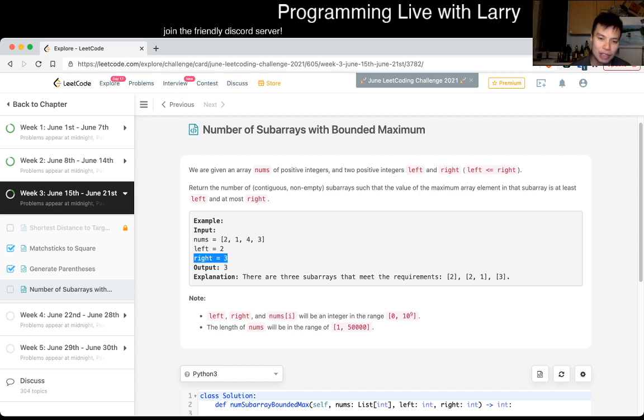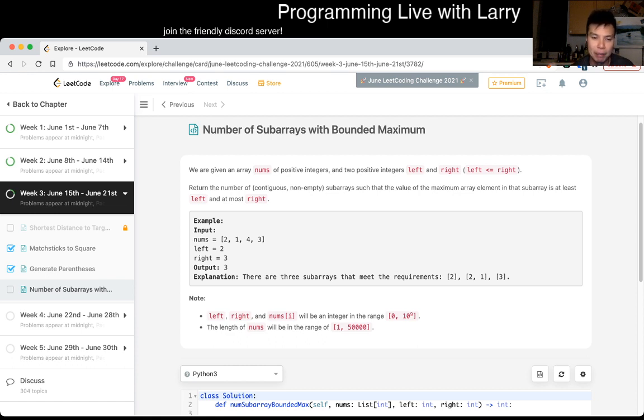And then within those chunks, you just have to figure out how many subarrays have at least the minimum element, right? Okay, so let's think about it. Let's say we always split up the array, then we just solve on each chunk, and they become independent problems.